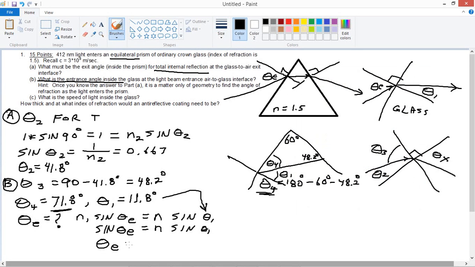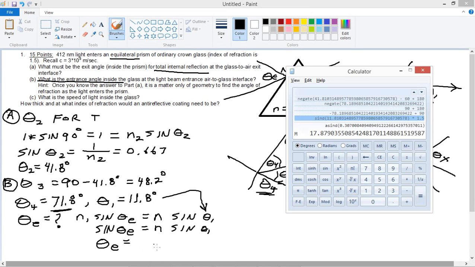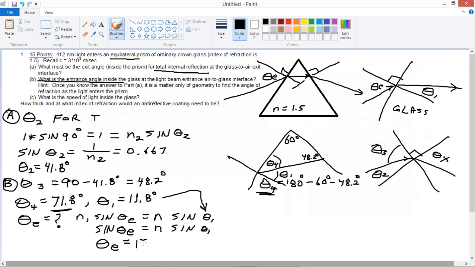Theta in the air outside has to be 17.9 for it to be 11.8 inside, for it to be 48.2 on the other side here, and for this angle to be at the critical angle of 41.8, and the exit. That's the borderline between total internal reflection and getting out of the glass. This is the critical angle. 41.8 is the critical angle.